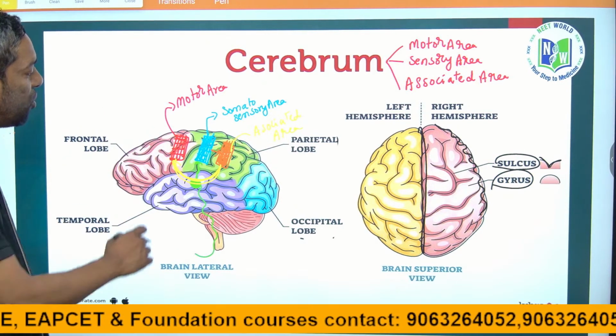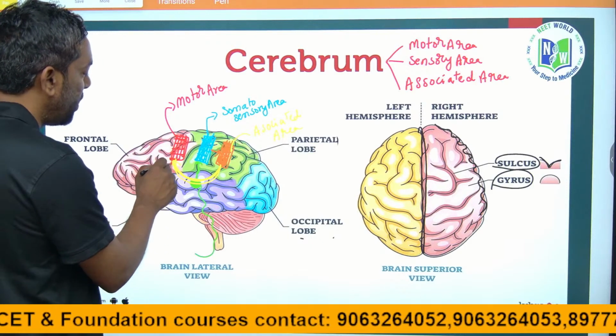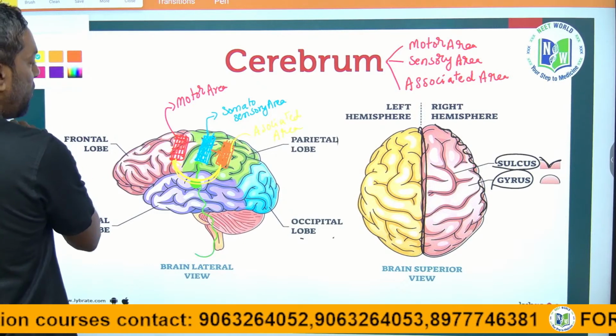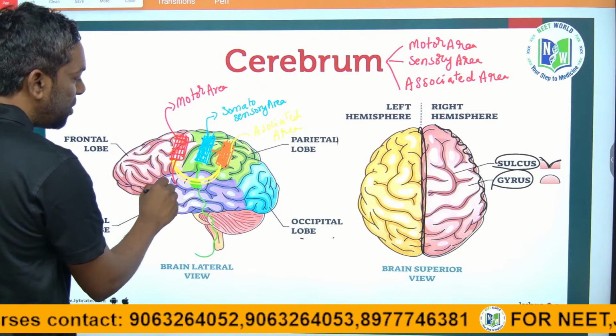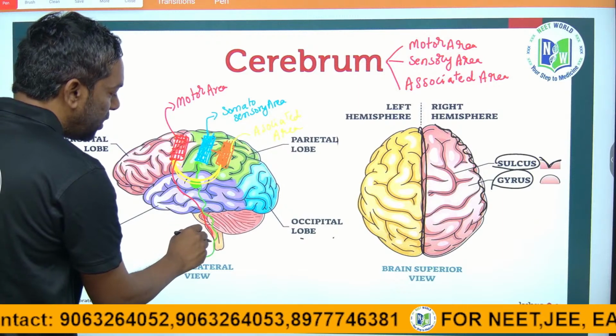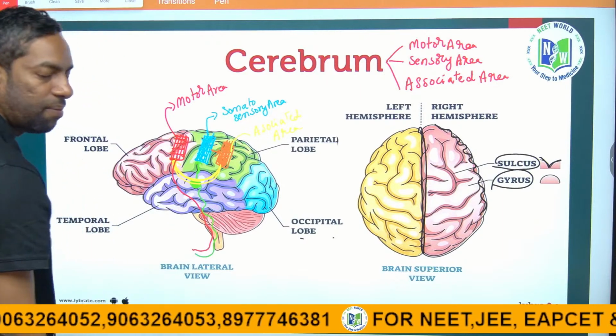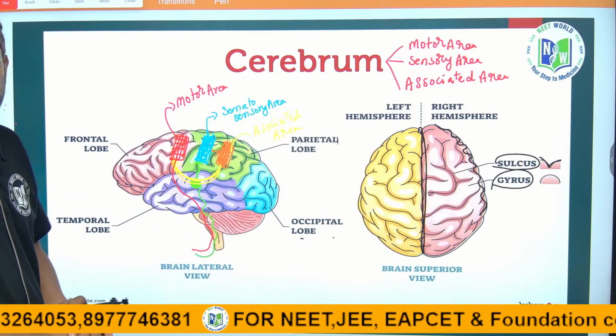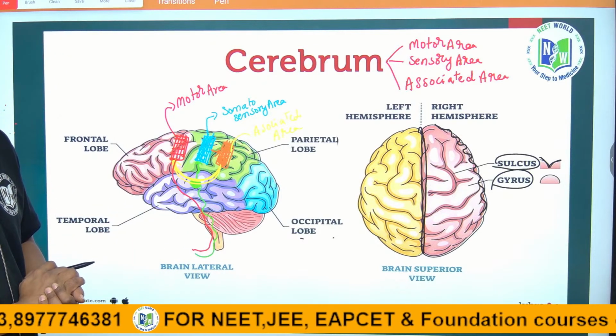The motor neurons take the information to the thalamus. The thalamus finally gives it to the motor neuron, into the spinal cord, and finally into the skeletal muscle.